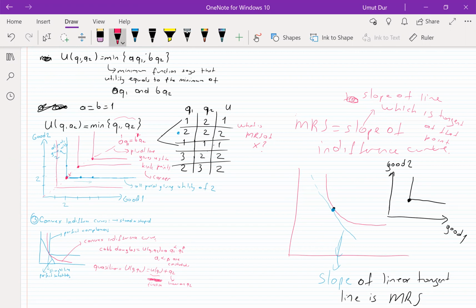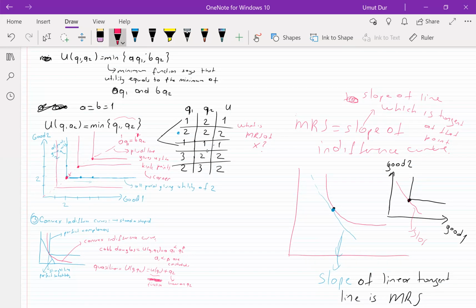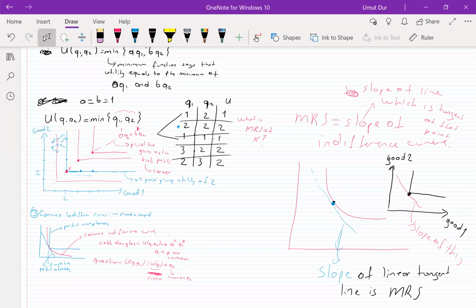The definition tells us to draw a tangent line at that point, which is touching this indifference curve just at that point, and calculate the slope of this line. Can I do that?